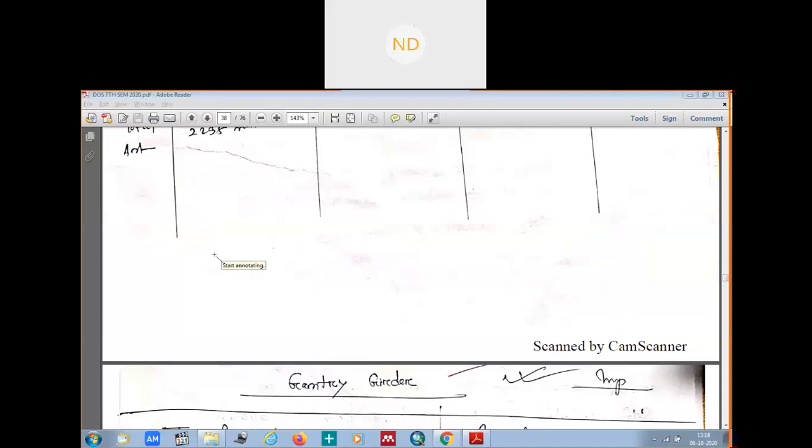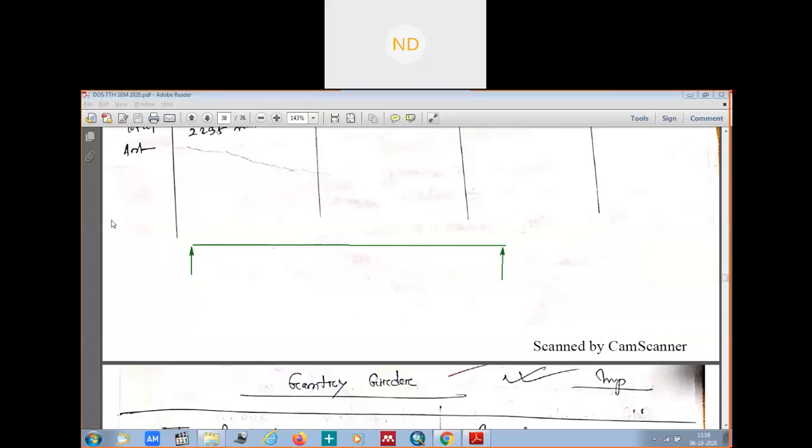Suppose this is your gantry girder here. So this is your reaction on the gantry girder Ra.